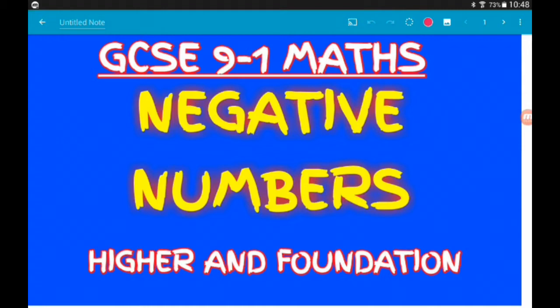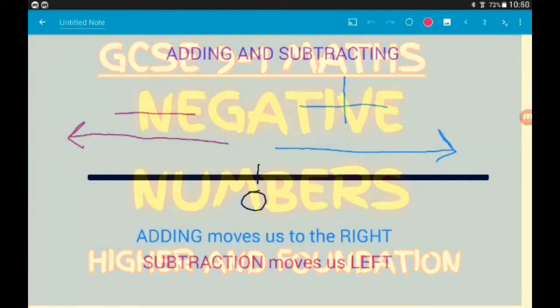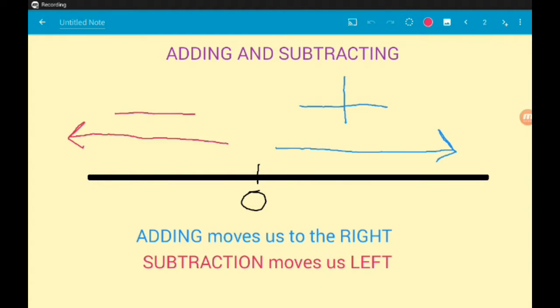So, let's get cracking. First up then we're going to be looking at adding and subtracting. A nice little way that I found to do this is by using a number line. So, familiarise yourself with a number line again. Now we're not going to faff around putting loads and loads of numbers on our number line. In fact, we're only going to start with 0 on our number line.